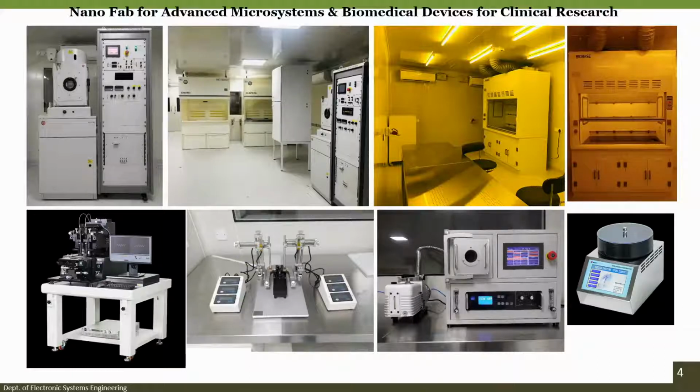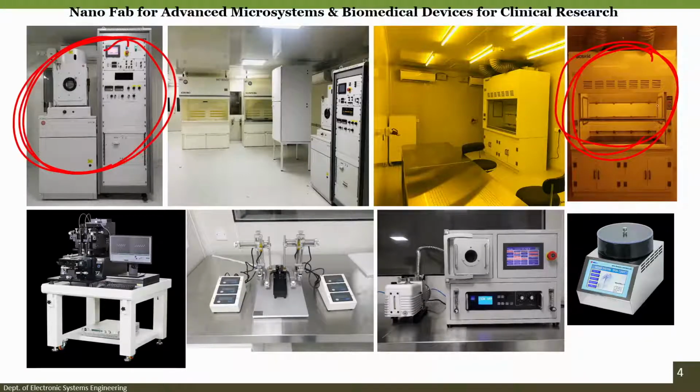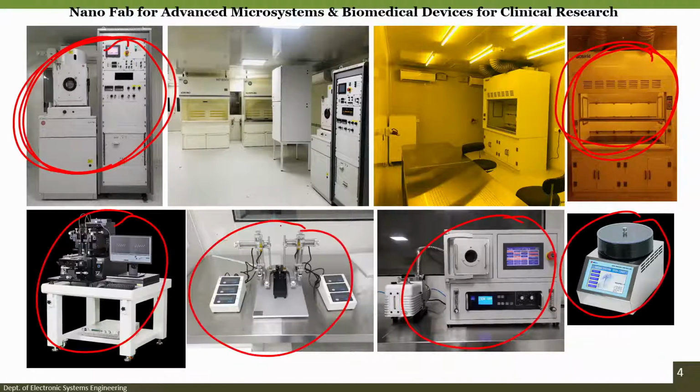We have already seen a fume hood and a thermal e-beam evaporator. Now, we will show you how to operate this particular system, the fume hood, the oxygen plasma system, what is the use of the lithography system and spin coater, and in the same way this system which is used for holding the rat.